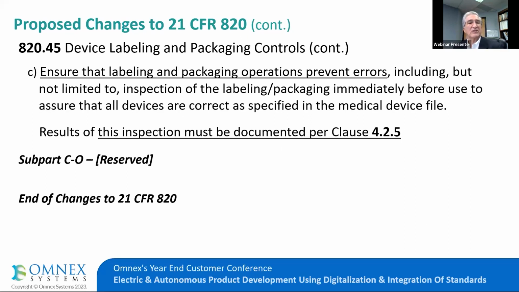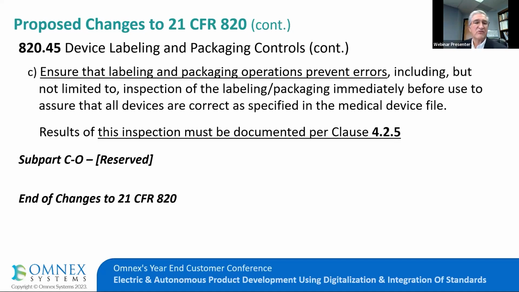Device labeling packaging continued. Part C here is to ensure that labeling operations prevent errors. Need to make sure it includes, but is not limited to, inspections to ensure all devices are correct. This inspection must be documented per 4.2.5.